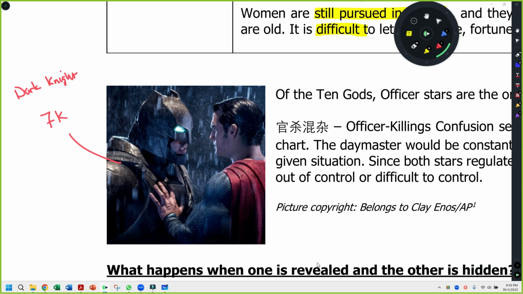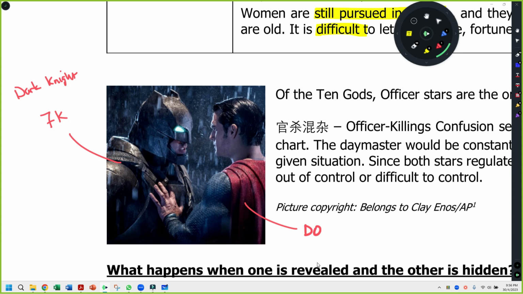Now, on the other hand, we find that the other character, Superman, is closer to the character of Direct Officer, right? The champion of justice, clean, honorable, direct. Therefore, this is Direct Officer. Now, anyway, these are just cartoon characters, just for fun.